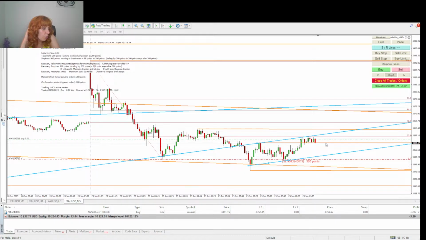Let's see if it's going to hold again, and try to give us a little pin or something. So possibly if it goes back and gives a little pin, then I might look for a sell. But again, it depends if the indicators will show me that it could be a good idea to go for a sell.